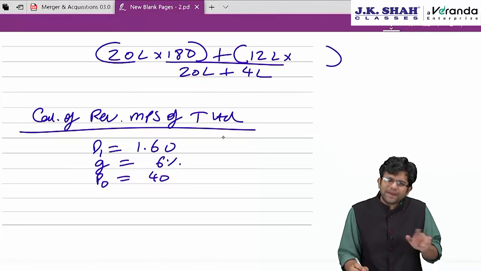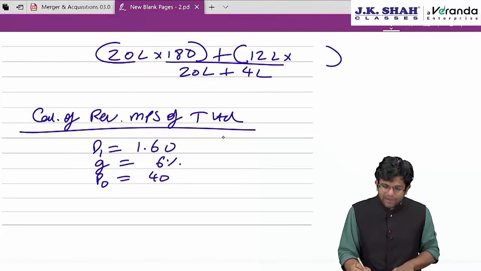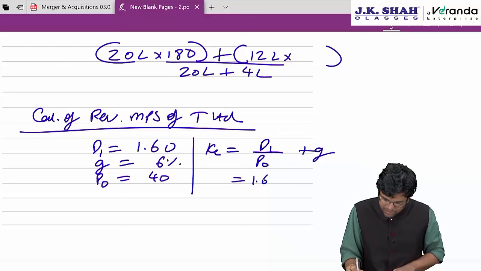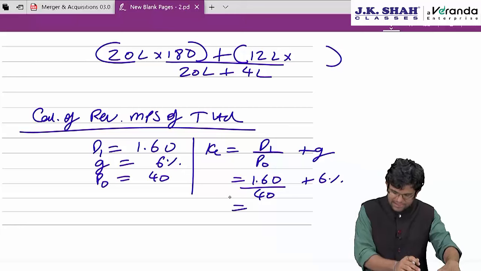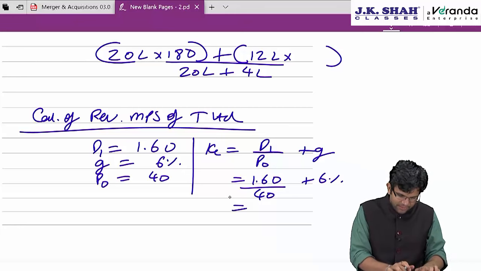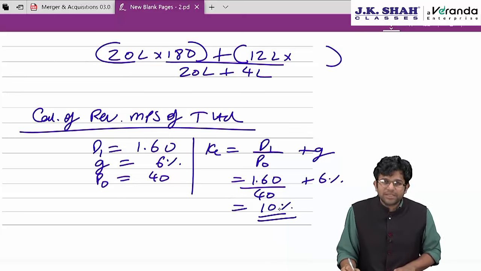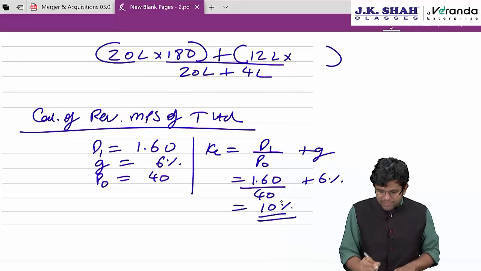And with this, students, we can easily find the KE for this company, Target Limited. So the KE, students, is nothing but D1 upon P0 plus G. It is 1.60 upon 40 plus 6%. On the calci, 1.6 divided by 40% plus 6, we get a KE of 10%. Everybody following? 10% therefore becomes the KE for this Target Limited.